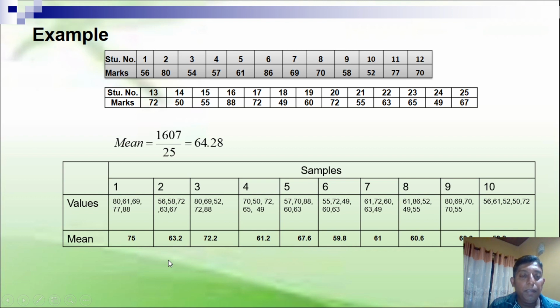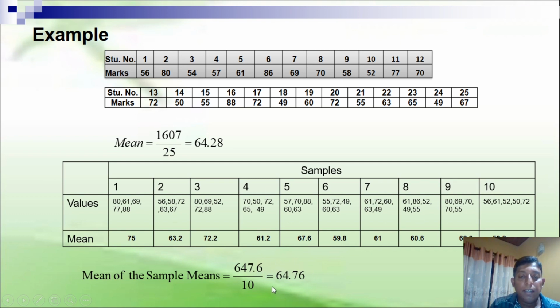Now see the mean of the sample means. Now we are going to see the mean value of the sample means, right? Then just add these 10 sample mean values. Here the sample mean of the first sample is 75, the sample mean of the second sample 63.2, the mean value of the third sample 72.2, likewise just add these 10 sample means, then divide by 10 because we have 10 samples.